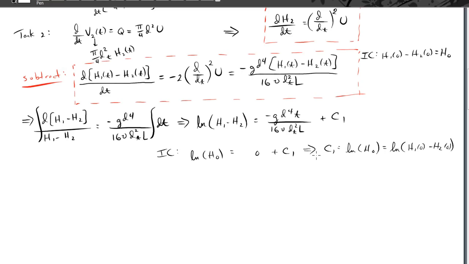So now we can just substitute for C1 back into this equation and then bring it to the left-hand side.